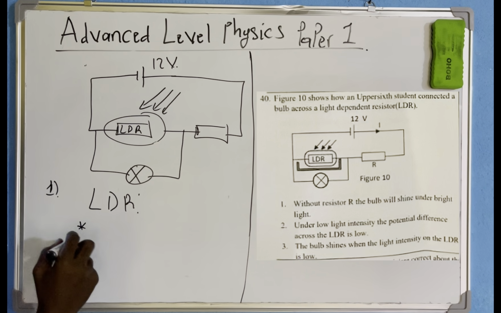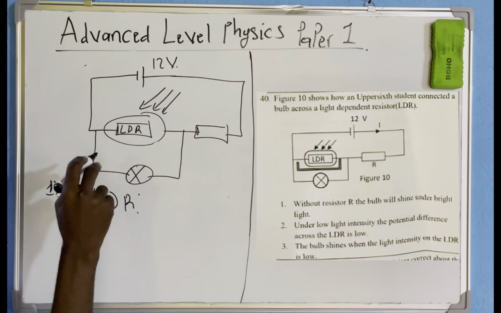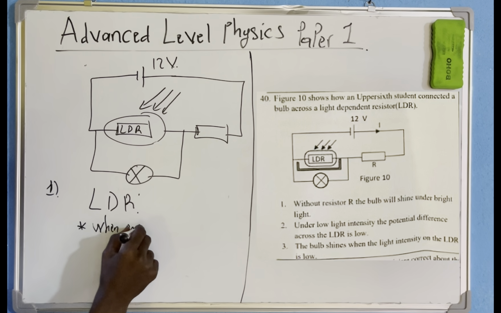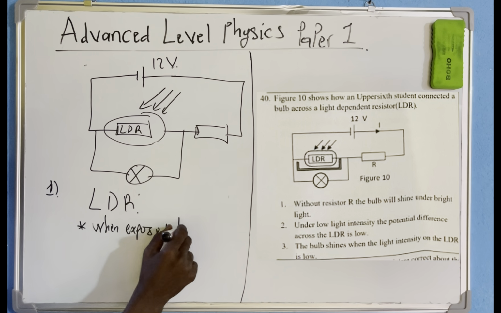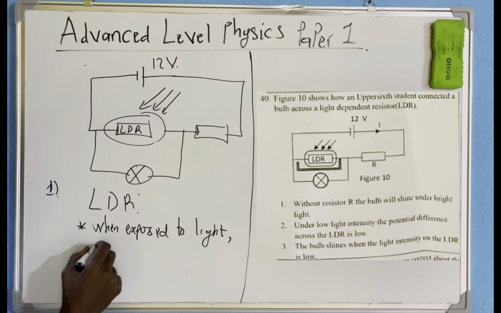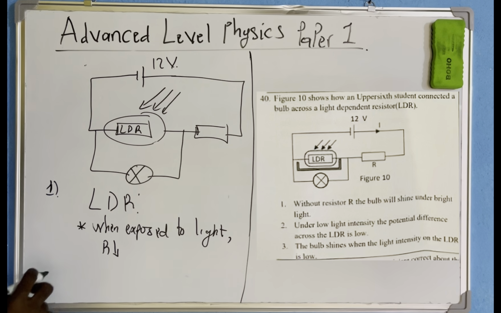For a light dependent resistor, we know that when it is exposed to light, the resistance reduces.